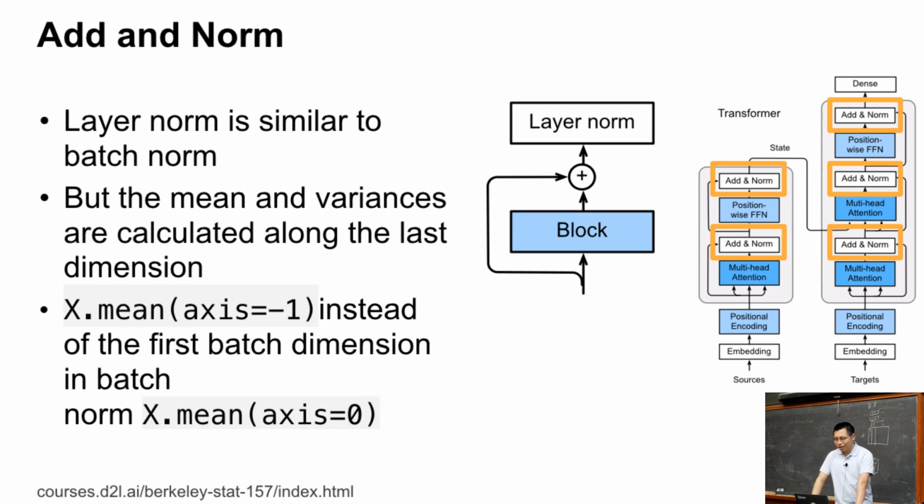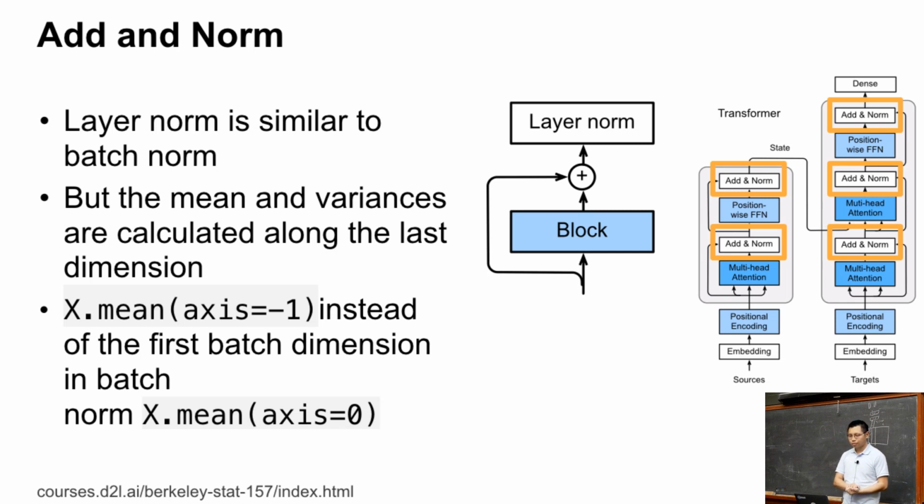The basic idea here: the add means a residual connection. So here we show a block. This block can be either a position-wise FFN or a multi-head attention. The input of this block and the output of this block are summed together. So this is a residual network we have seen before. This is what they call add here.